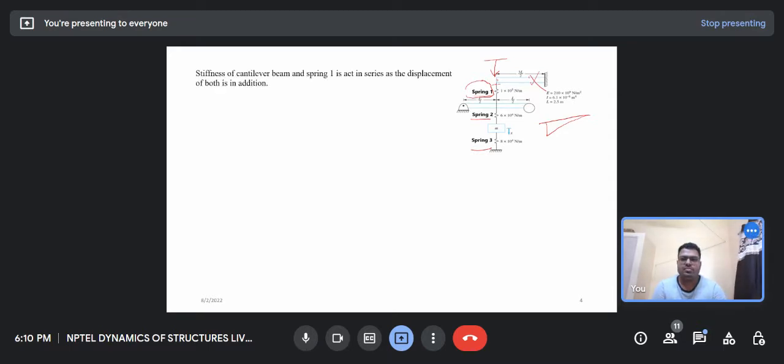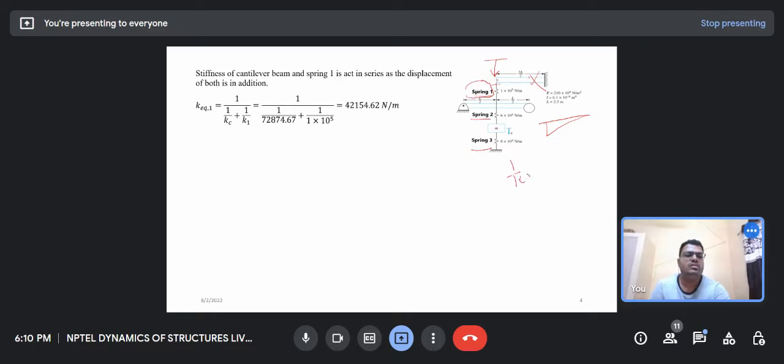Okay, for the series combination, how do we calculate the stiffness? 1 over k equivalent is equal to 1 over k1 plus 1 over k2. Here k1 is spring 1, and k2 is the cantilever beam.